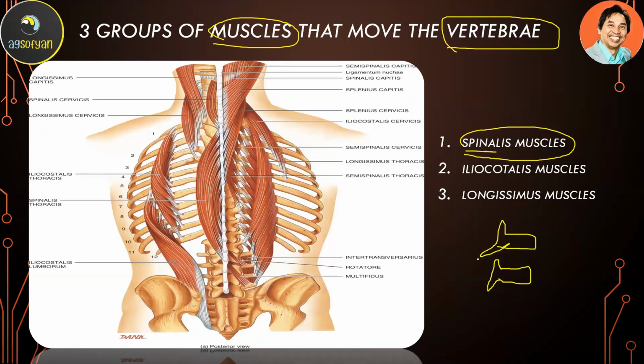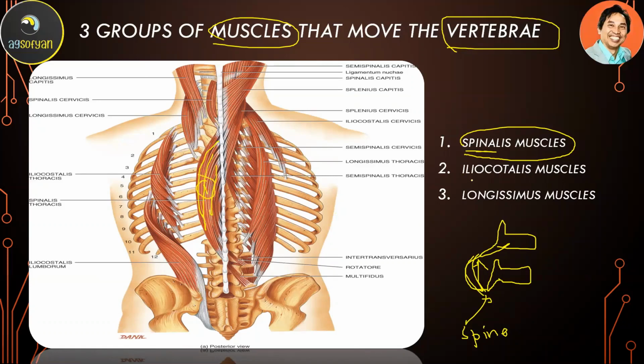This is the sharp area of the vertebra over here. This one is called the spine, or spinous process. So the muscle actually connects the spine with another spine. Therefore, it's called the spinalis muscle.